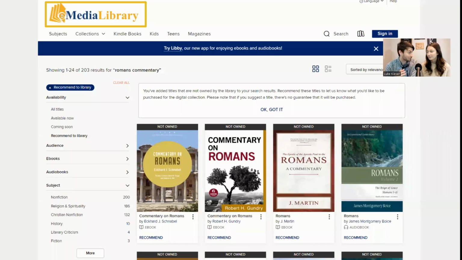Another underutilized resource, and this is a new one. We're going to change the world right here. Almost every library nowadays, even my small hometown library, has Overdrive, which is an online ebook service.